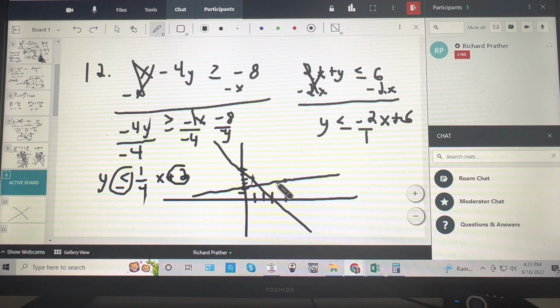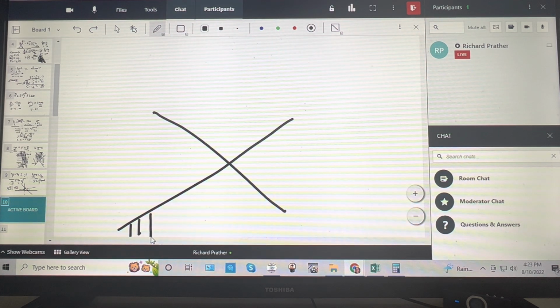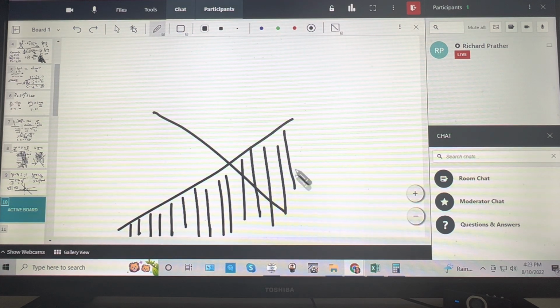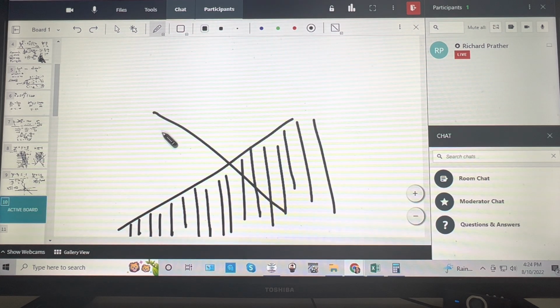That's this one that's traveling upward. That one needs to be less than, which means you go downward from that one. And then the other one was also less than or equal to. The one that went this way, you want to go less than or equal to. So now you're going downward from this one.